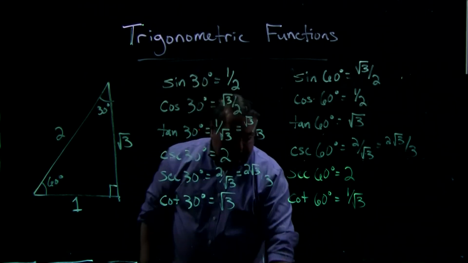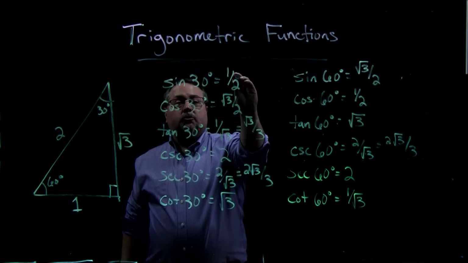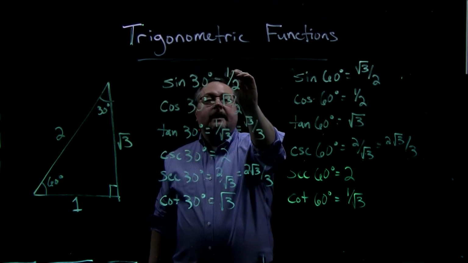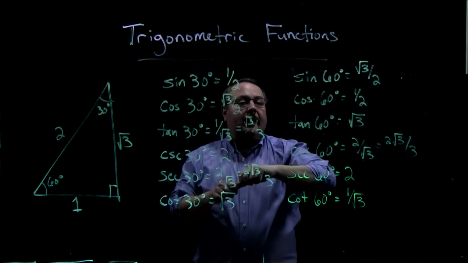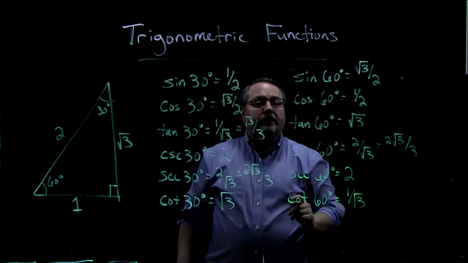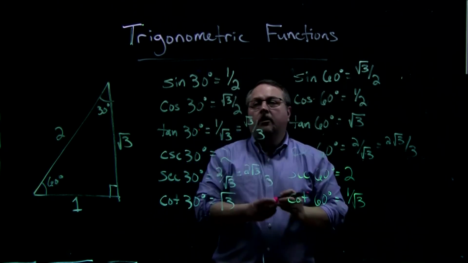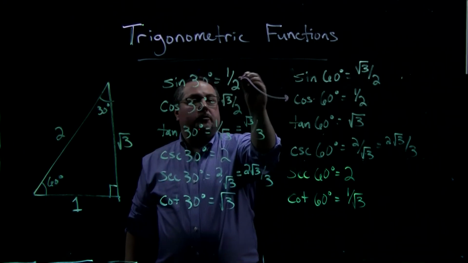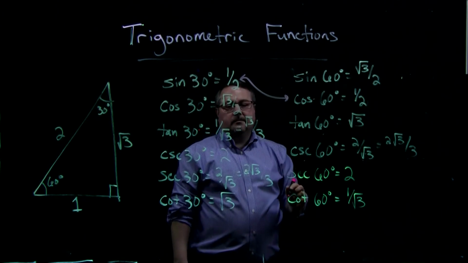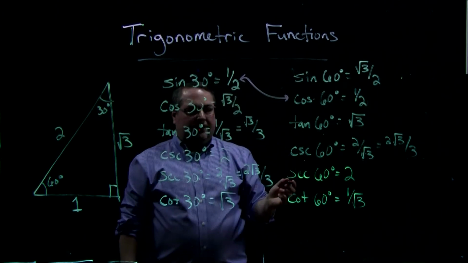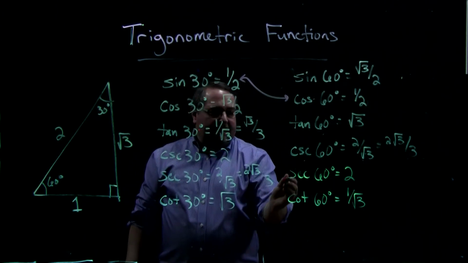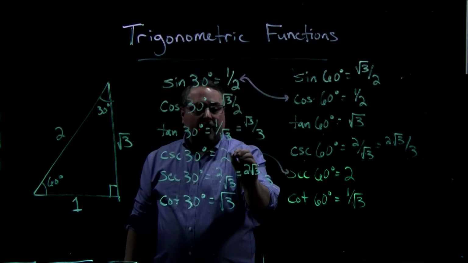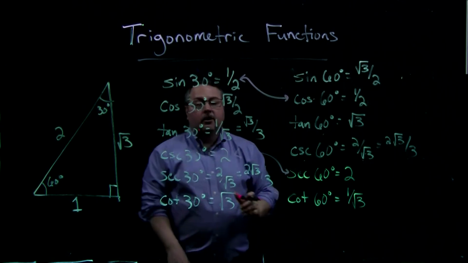But notice if we look at a trig function of the 30-degree angle, for example, the sine, it's going to have the same value as the cofunction of the 60-degree angle. So in other words, the sine of 30 degrees is equal to the cosine of 60 degrees. Okay, or to give you another example, the secant of 60 degrees is equal to the cosecant of 30 degrees.